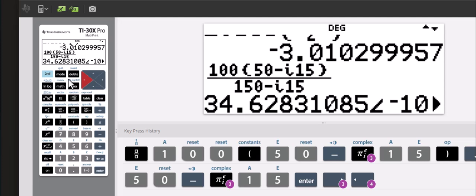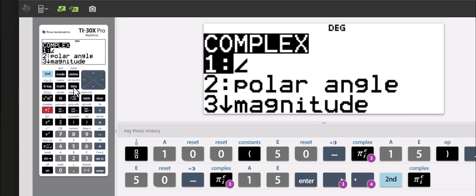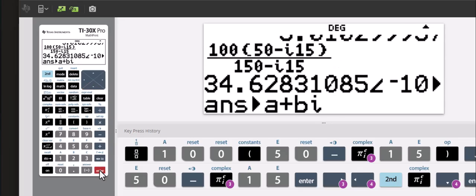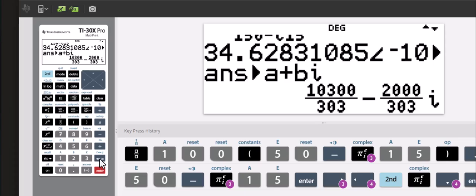34 angle minus 11. Somebody write this down and tell me, so when I minimize the calculator, I'll have it back. 34.63 angle minus 10.99. And as rectangular, it is, oh, this is not exactly the same calculator as y'all have.